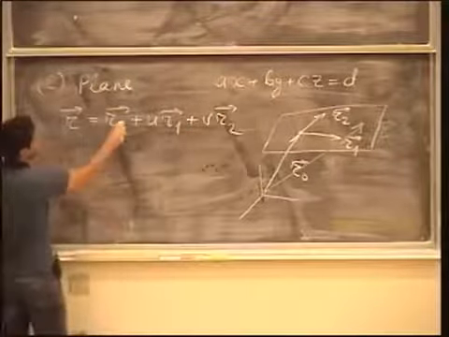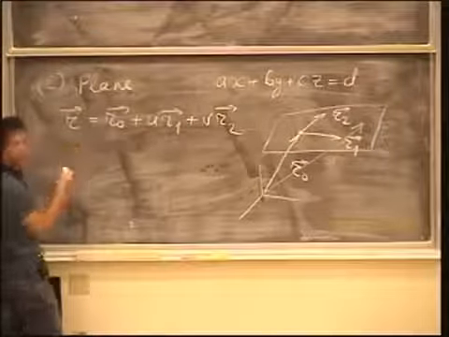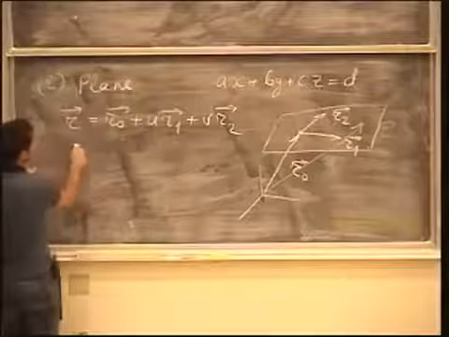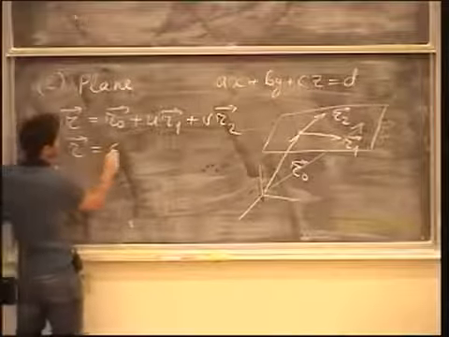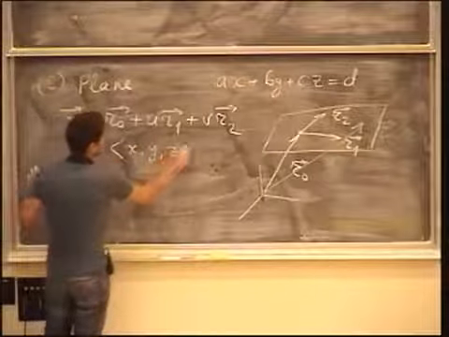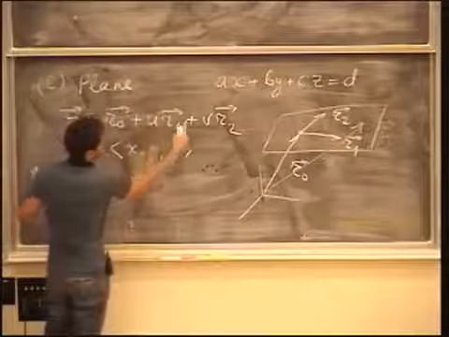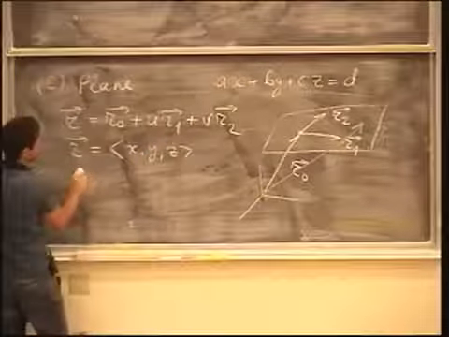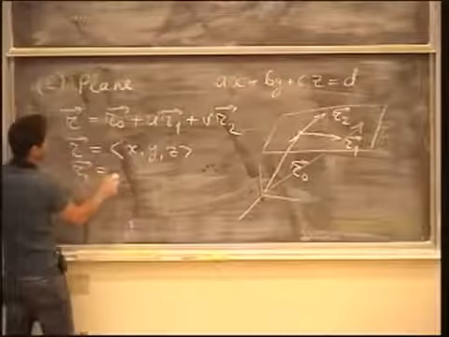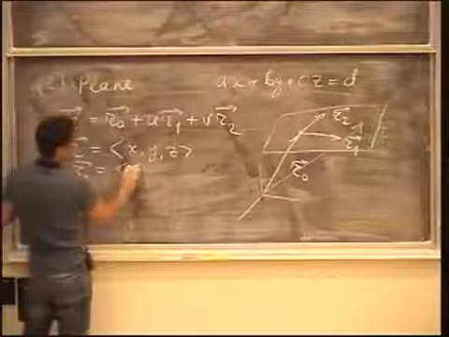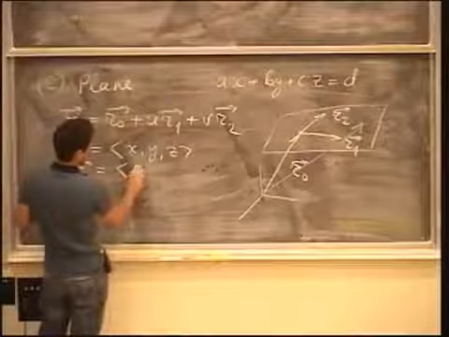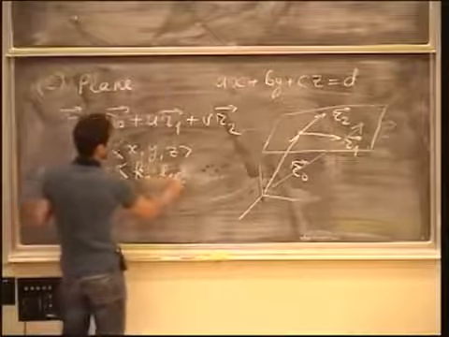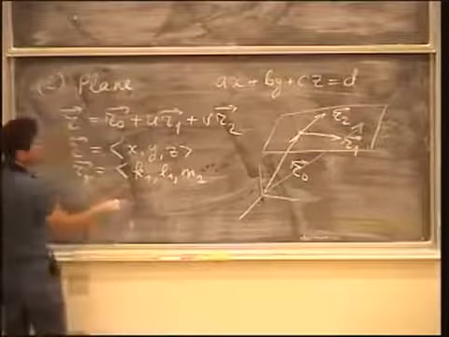And then if I write this in coordinates, because as always, R is just x, y, z, it has three coordinates. So likewise for R0, R1, and R2. So say R1 is K1, L1, and M1, and same for R2.